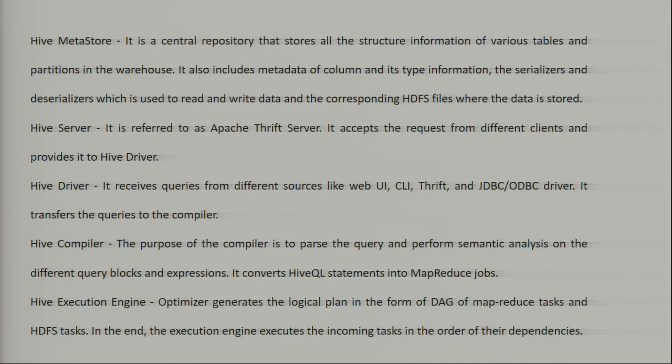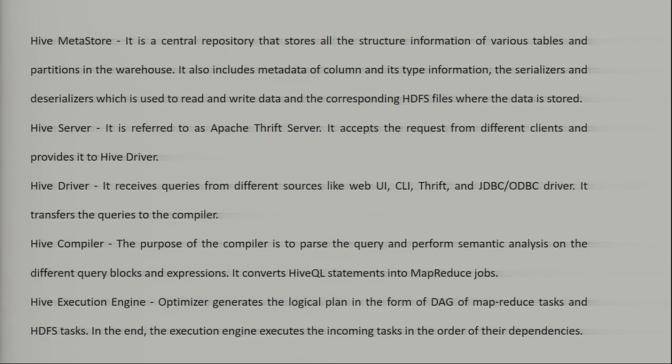So the driver has a query compiler and executor, which executes the query by compiling and parsing it. Once it is parsed, it understands each block and expression in it, and that is further moved to the MapReduce job.